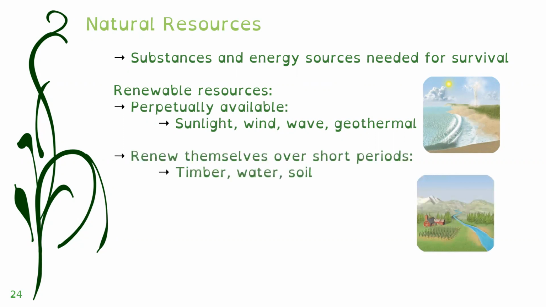And then we have renewable resources that renew themselves over short periods of time, so timber, water, soil. If we use them up in ways that are unsustainable, then they can become non-renewable. We may be able to deplete them, but if we are careful, then they will renew themselves over a period of time. So they can be destroyed.